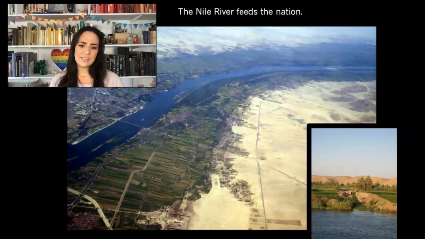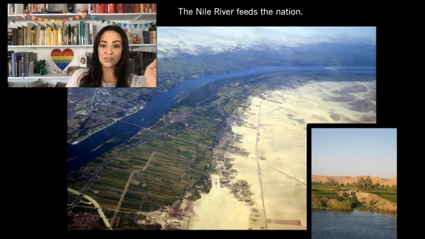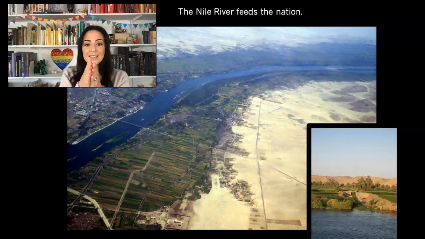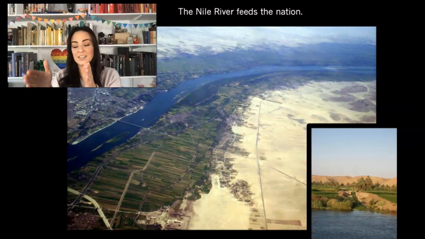I also like this picture of modern day Egypt because it shows you that even today, there is a very clear line of life and death. Life is close to the river, and death is just a few miles away in that hot, arid, inhospitable landscape.